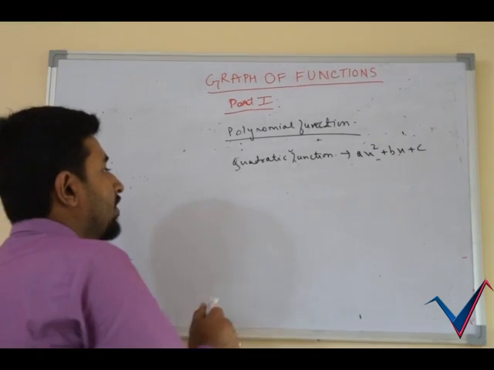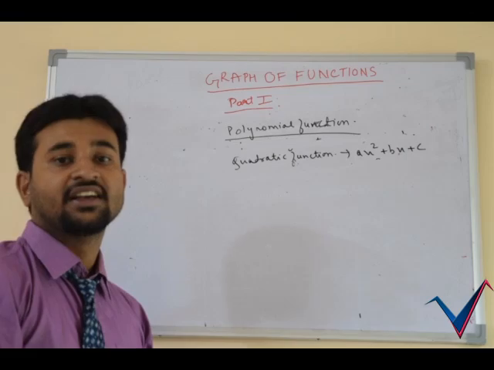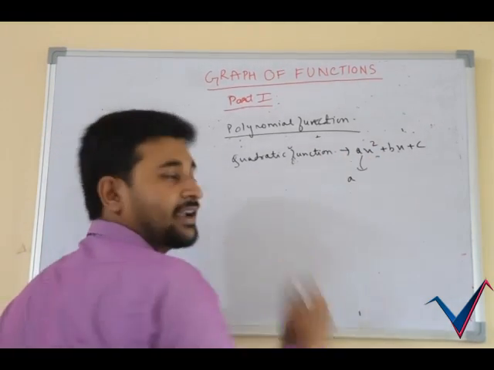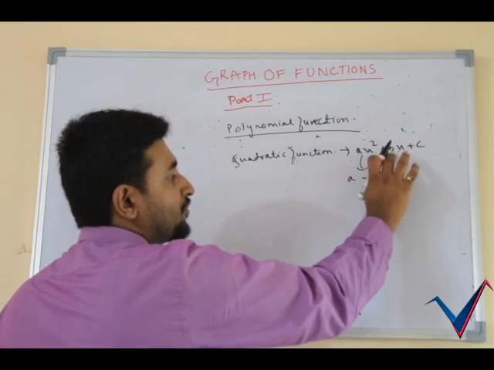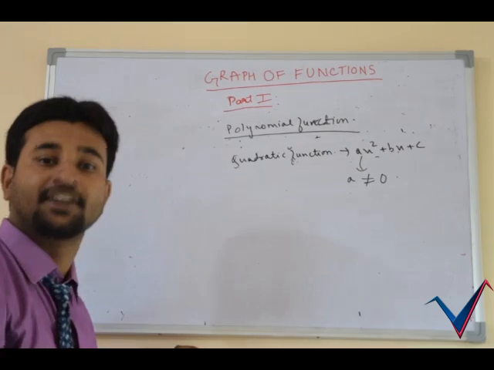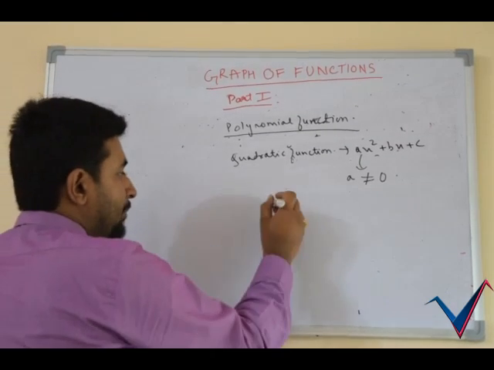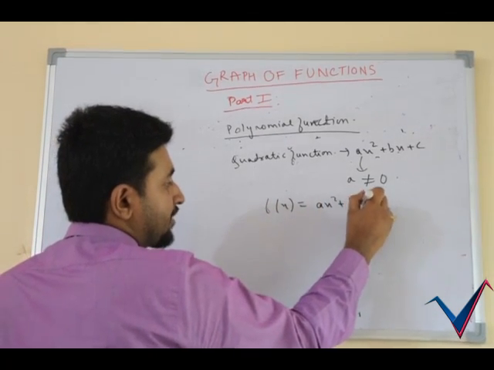So a quadratic function is of the form ax square plus bx plus c. For a function to be quadratic, a should be non-zero. Otherwise, if a is 0, this would simply become bx plus c, and hence it would be a linear function. Now, suppose you are given a function f of x equal to ax square plus bx plus c.